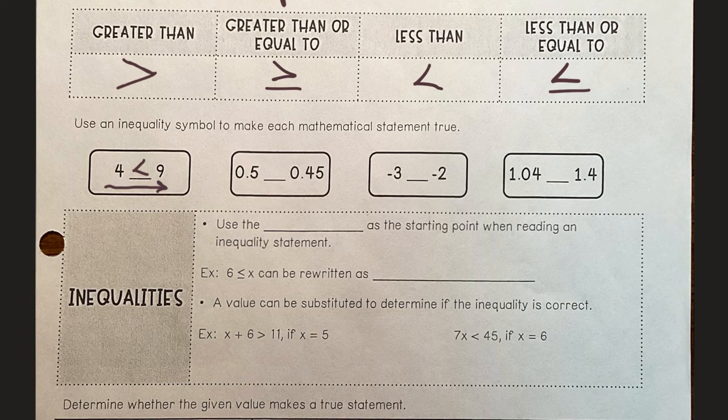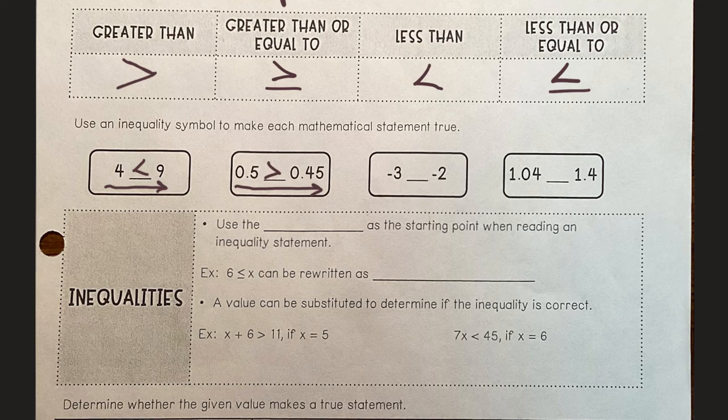Now I know when looking at the next one, 0.5 is greater than 0.45. Again, we read it left to right. 0.5 is greater than 0.45. That's how you know that it's the greater than symbol, because it's facing to the left and we read the problem left to right.